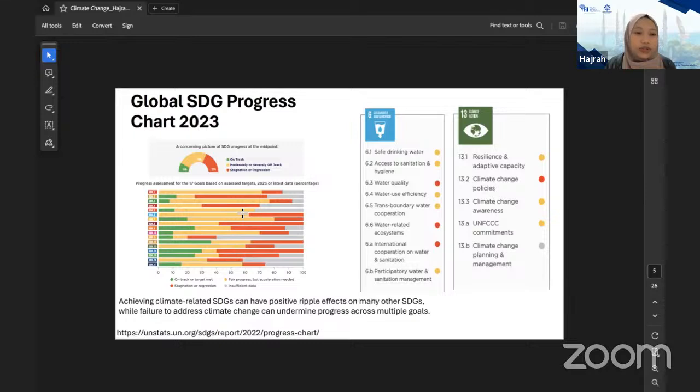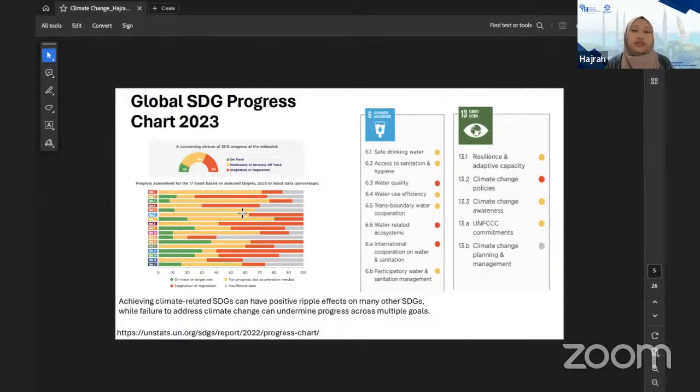The same with goal number 6 as well as goal number 13, that we have not yet met the target. So that's why global climate change is really the key to achieve the other 16 SDGs goals.